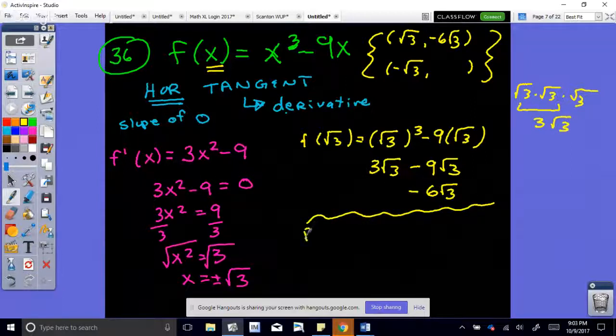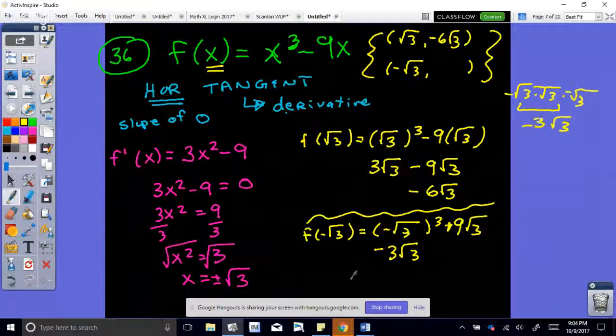I'm going to do the same thing, but this time I'm going to plug in negative root 3. So I have negative root 3 to the third, minus, no, sorry, this time it will be plus, right, double negative. So I get negative 3 root 3, because this time it would be negative, negative, negative.